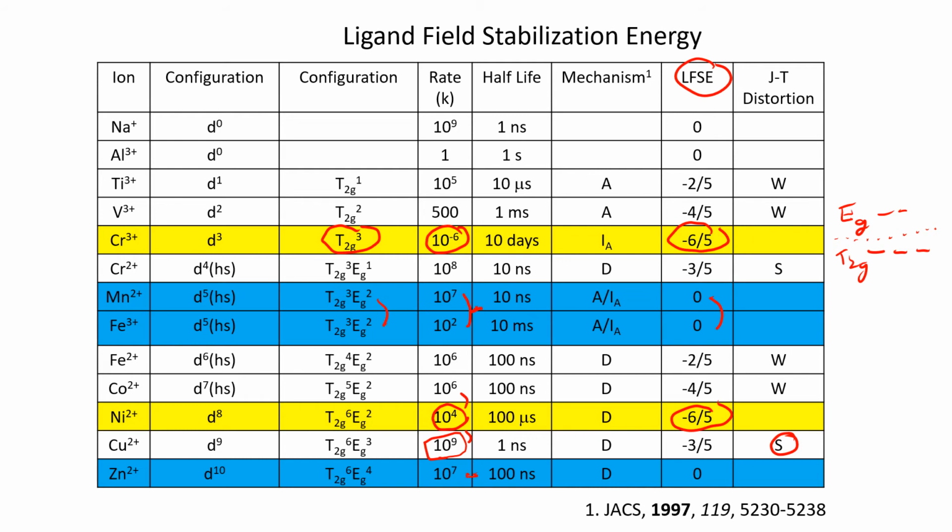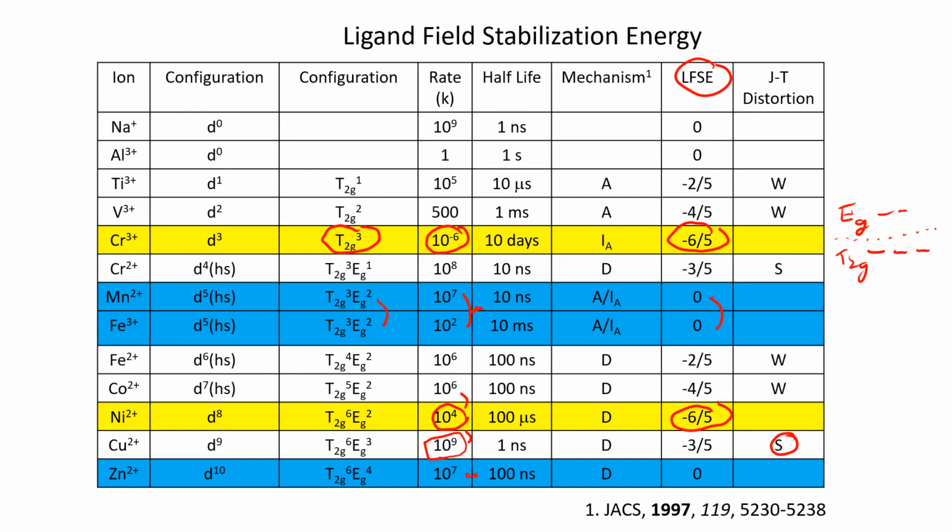So that ligand field stabilization energy is closely tied to the kinetics. In a kinetic reaction, we always have to think about the starting point and then the ending point: where are we in our intermediate or our activated complex, our transition state? So we have to compare those two. We're actually going to elaborate on this a little more later and add a new column, which is even more accurate.